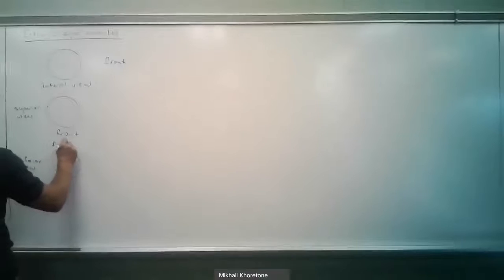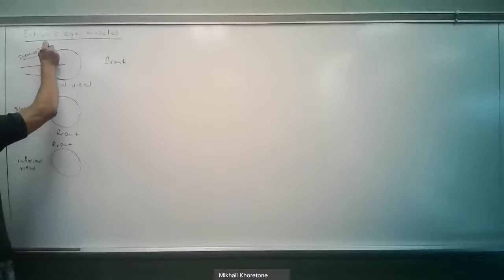This is going to be the superior view, and this is going to be front, and this is going to be inferior, and it's going to be front. So this is, we're looking from the side.